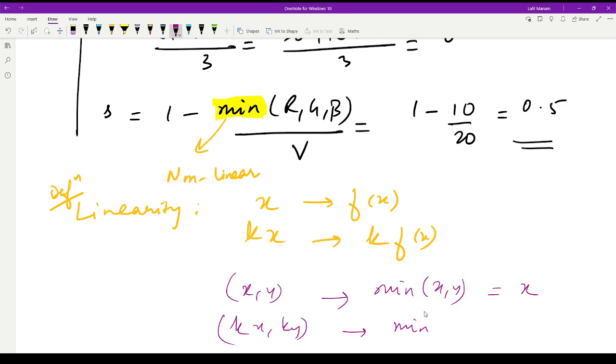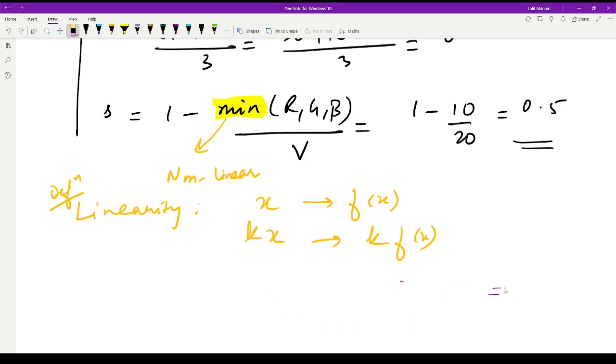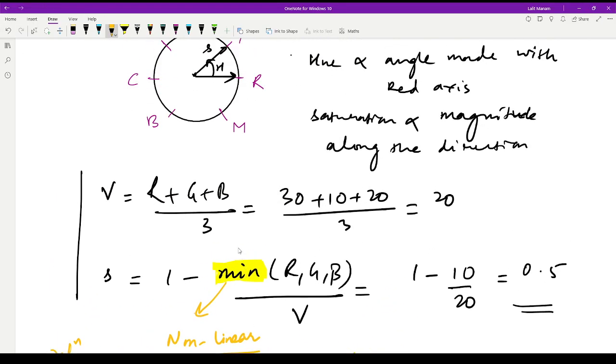May not be the appropriate example. The whole point I want to say is that minimum is a non-linear operator here, which gives you the non-linearity part here. So that's why you're mapping from a linear space to a non-linear space.